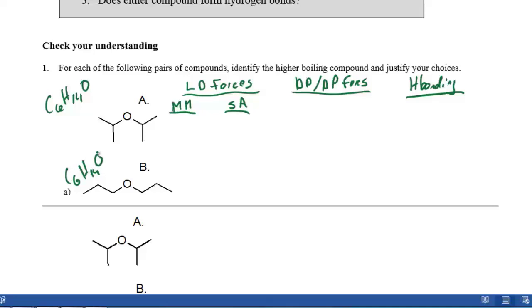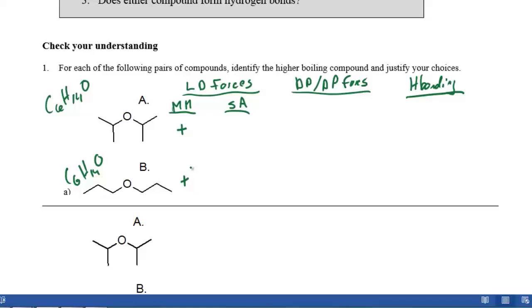I can calculate the molar mass, but I know that they're going to be the same because, as I say, they're constitutional isomers. So I'm going to put plus and plus, which indicates that indeed there are London dispersion forces of attraction, molecule A to molecule A and molecule B to molecule B, but they're going to be the same, and so I give them equivalent pluses.